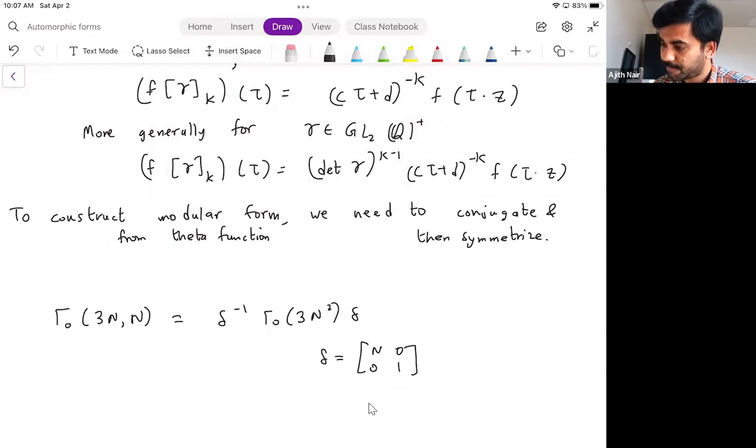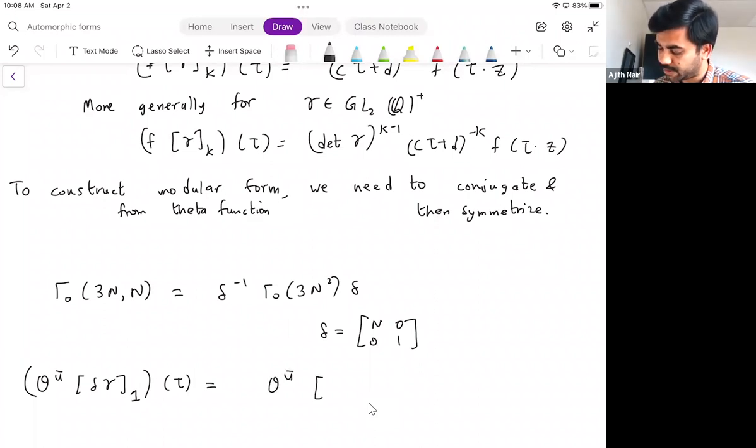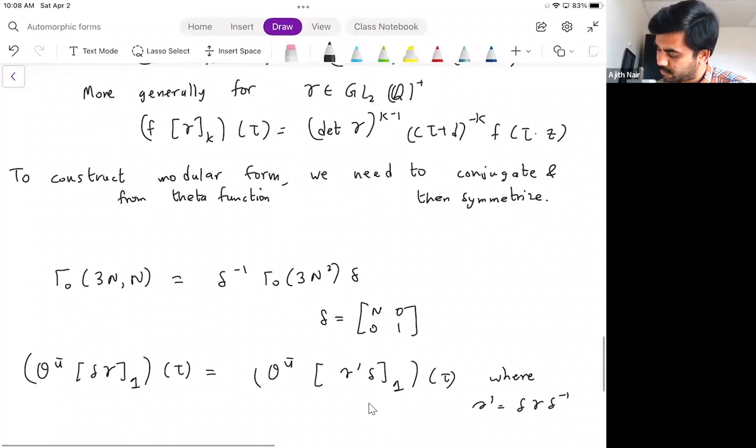And so what we get is that the theta u bar acted upon by delta gamma tau is going to be theta u bar acted upon by gamma prime delta, where gamma prime is equal to delta gamma delta inverse, which is inside Gamma naught 3n comma n.